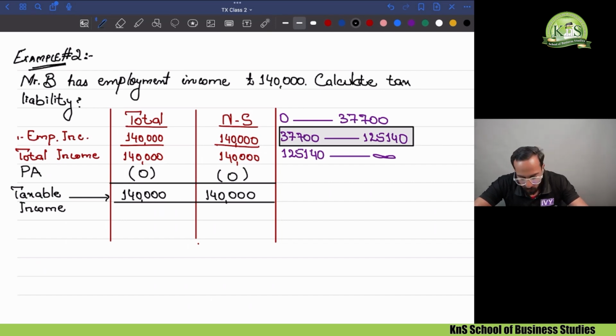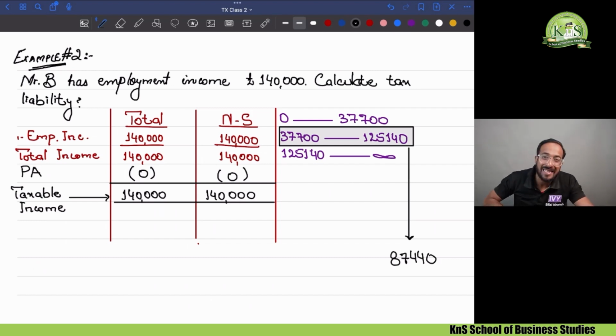Be very careful. You can only adjust 1,25,140 less 37,700. You can only adjust 87,440 in your second slab, right?